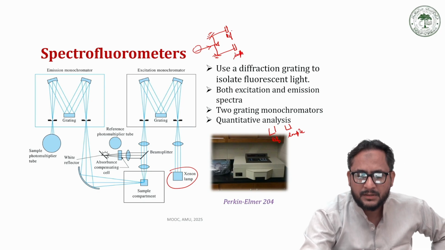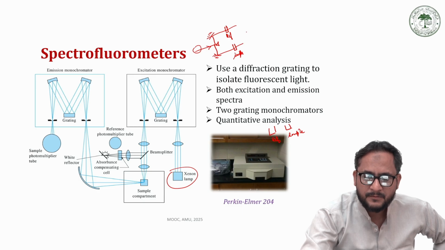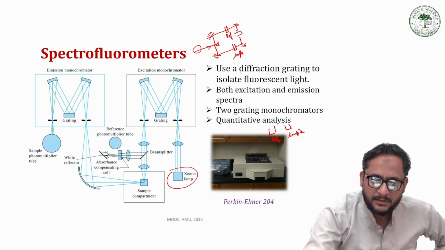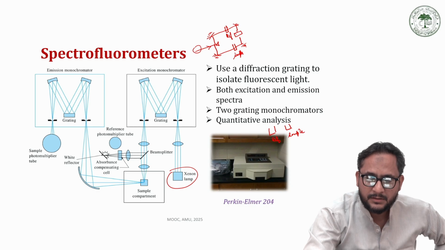After passing through the sample and reference, we again have mirrors for focusing. These light radiations pass again, and then we have a detector to detect the signal, and a spectrum is created.